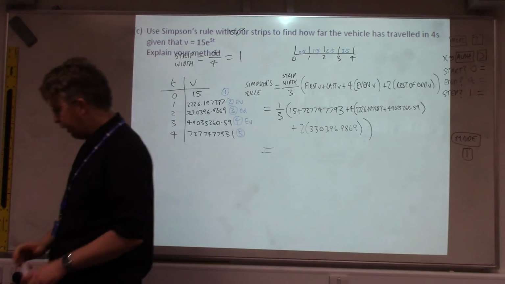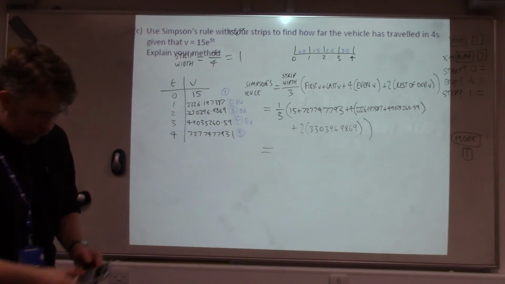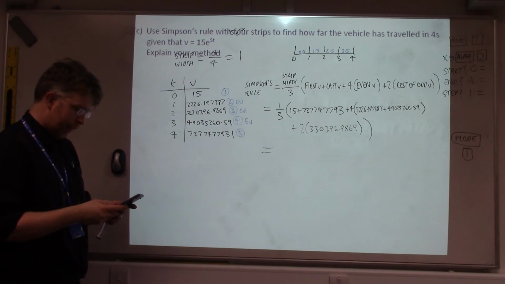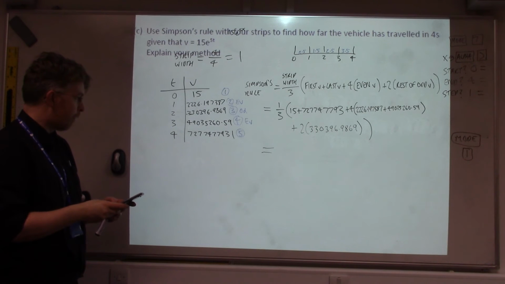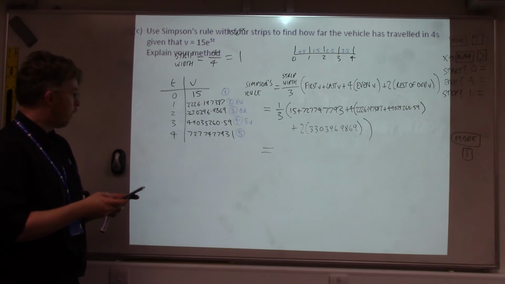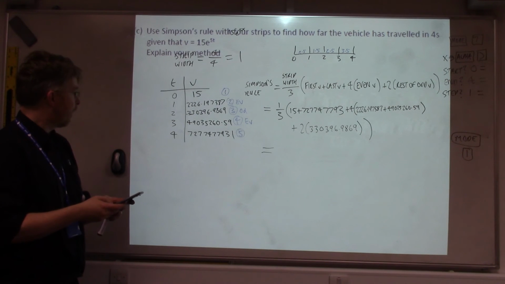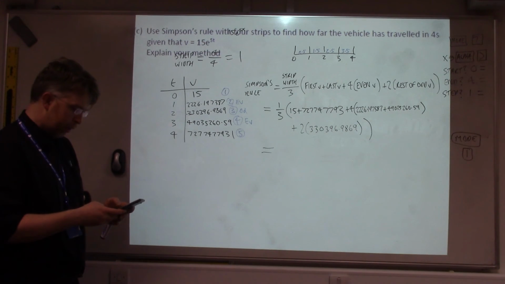Stick that all in the calculator to get our answer. So a third, open bracket, 15 plus 72774779331 plus 4 times open bracket 2226.197387 plus 4903560.59 plus 2 times open bracket 330396.9869, close bracket, equals.